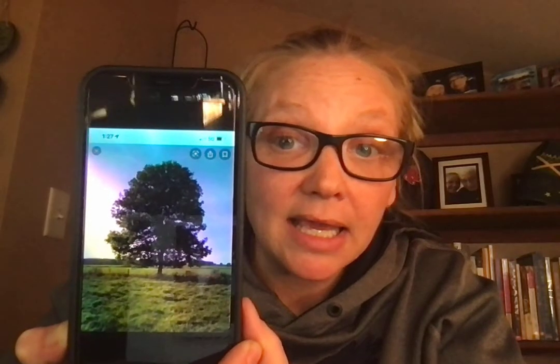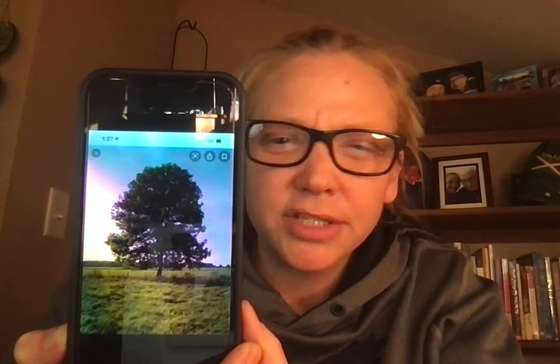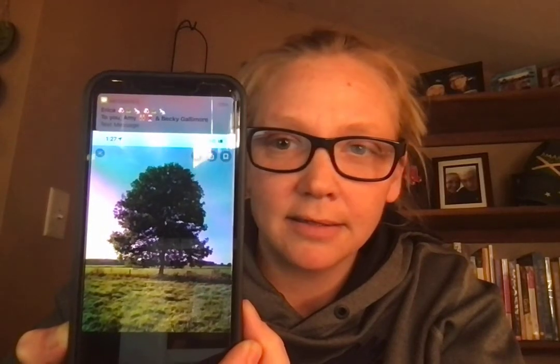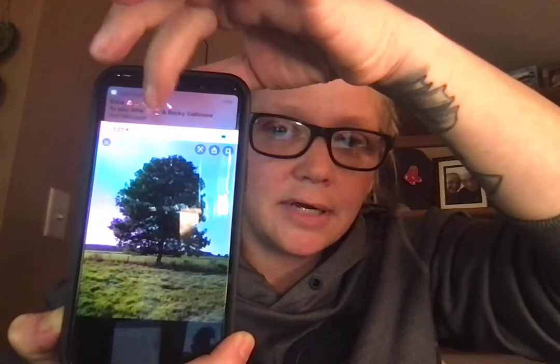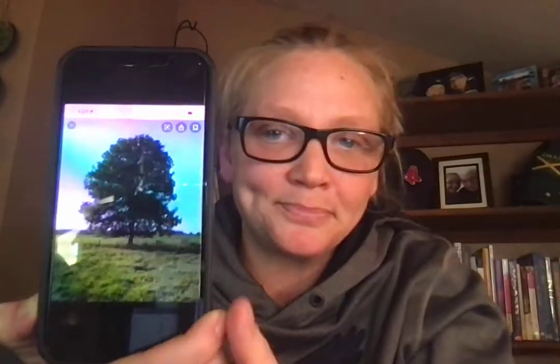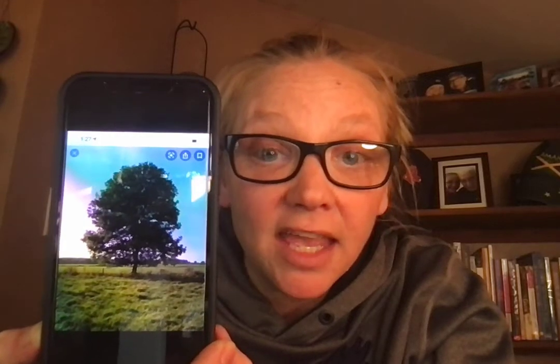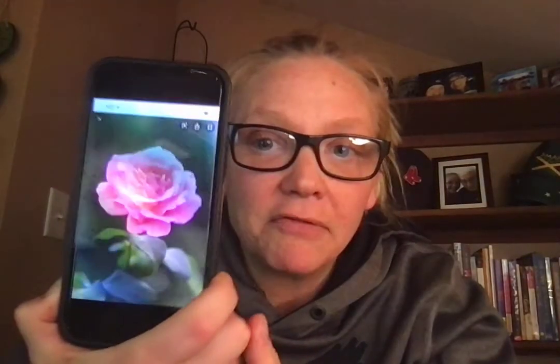That's a tree. Is a tree a living thing or a non-living thing? Sorry. That's right, a tree is a living thing because it needs something in order to grow and survive.